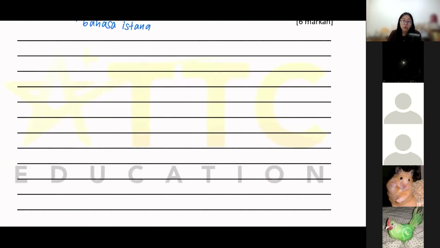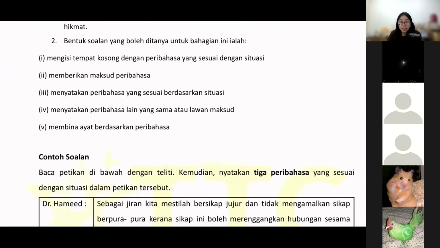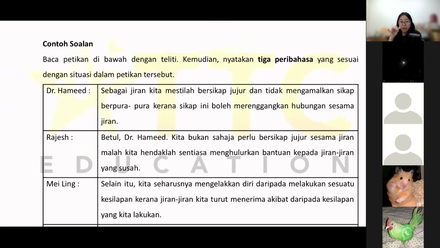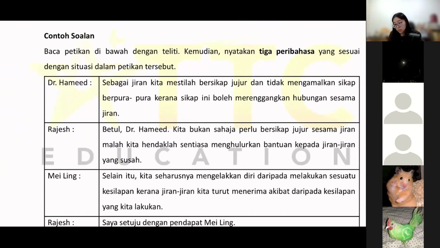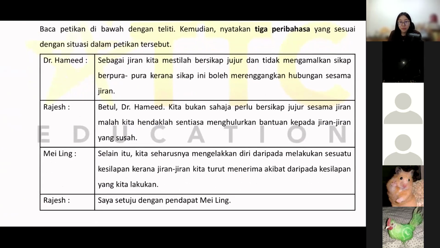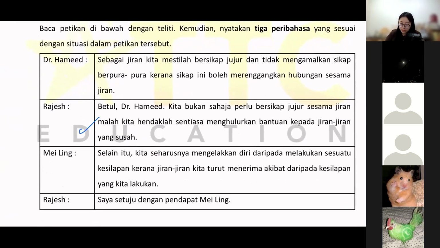Okay, now we go for peribahasa. Okay, peribahasa, I only will discuss one part. Okay, later you can see the questions answer. For example, this one. Tidak mengamalkan sikap berpura-pura, which is like very fake attitudes like this. Maybe they saying something bad behind you like this.